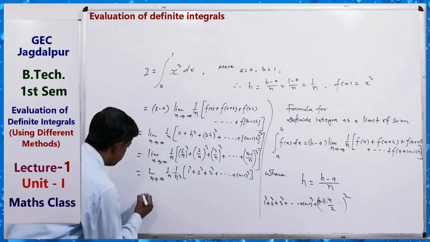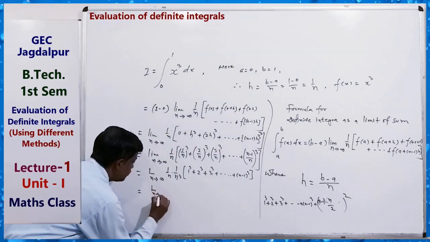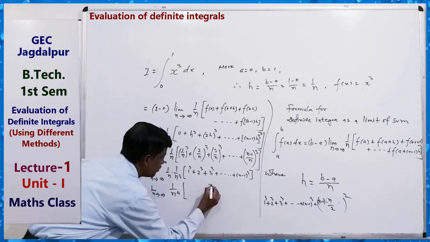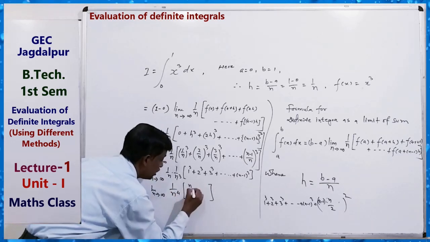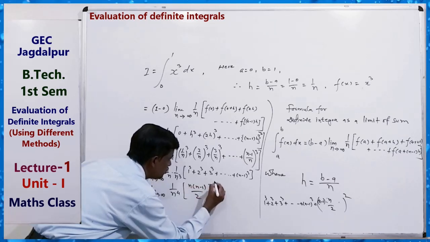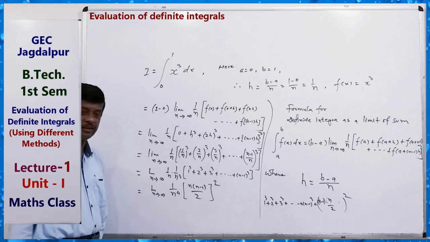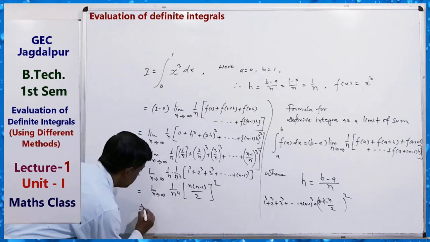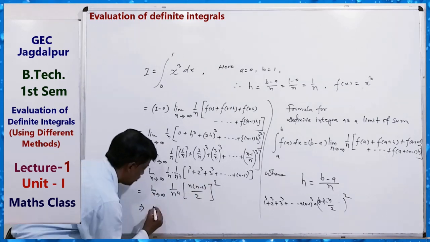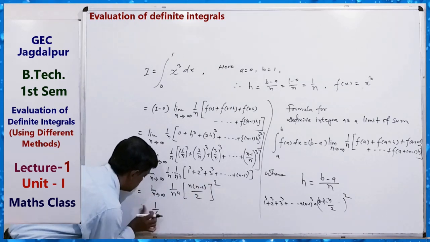So we use limit n tending to infinity 1 by n power 4 times n into n minus 1 by 2 square. From here we can see the value: 1 by 2 square means 1 by 4.